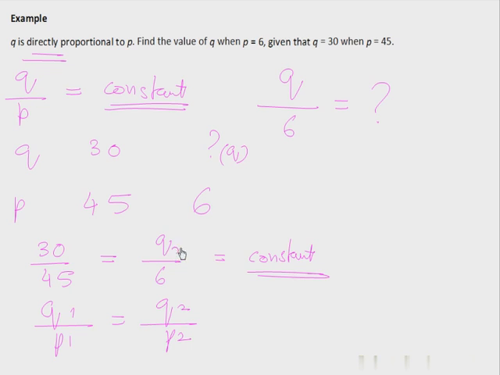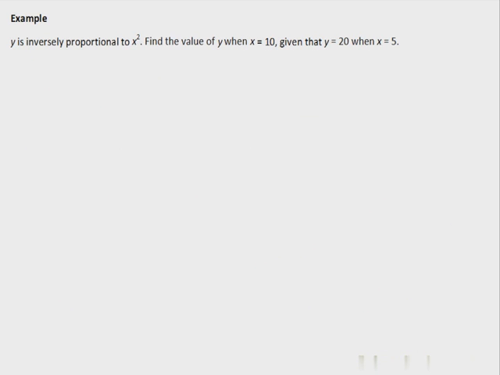Now let's just solve for q2. q2 will be 30 times 6 over 45. 30 and 45, 2 and 3, 3 and 6, 2. q2 equal to 4.